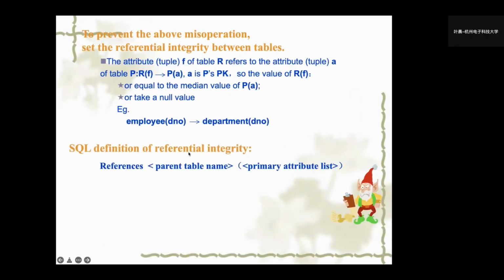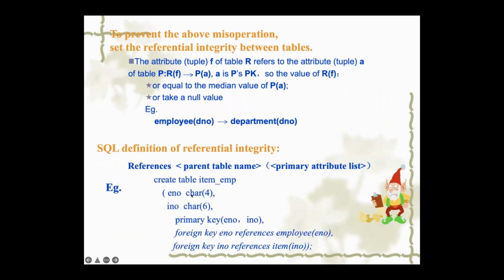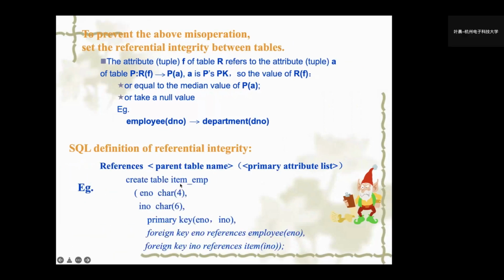In SQL, we can define this kind of reference constraint like this. For the item employee table, if you want to define this referential integrity during the process of creating the table, you can write like this. First, you define the table name and the table's attributes, and we set UNO and INO as the primary key.